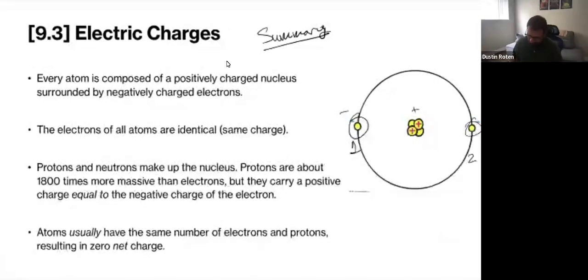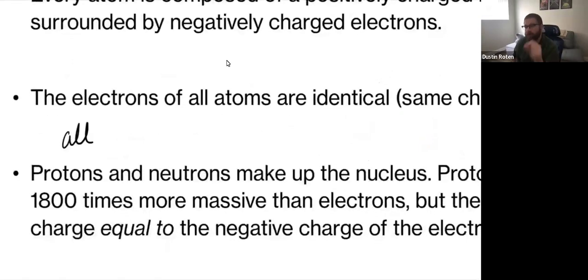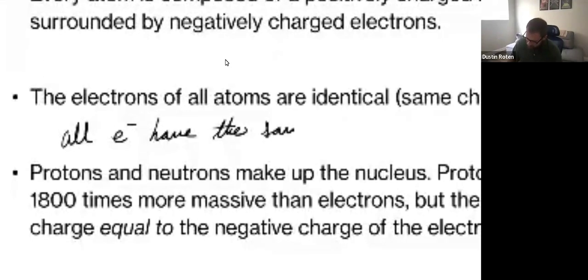So the way we could simplify this is by saying this is a fundamental charge. We don't know what the number is, but we're just going to call it E negative. All electrons, you can write an electron in shorthand, so to speak, all electrons have the same charge.